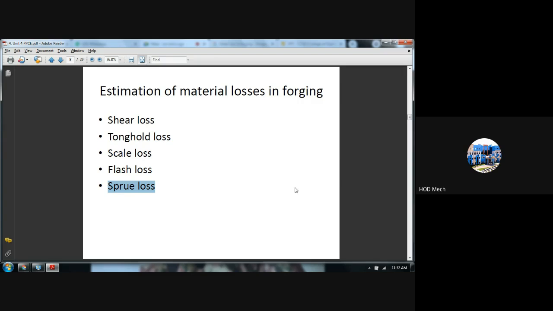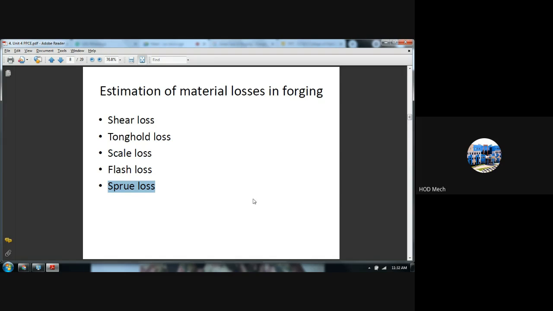The example I have given you: define shear loss. If an industry person asks you what is shear loss in forging, and you say you have to cut a small stock from a larger stock, usually the material is cut using a hacksaw or by shearing, and while doing this, some material is wasted during cutting, which is called shear loss, the answer is 100% right.